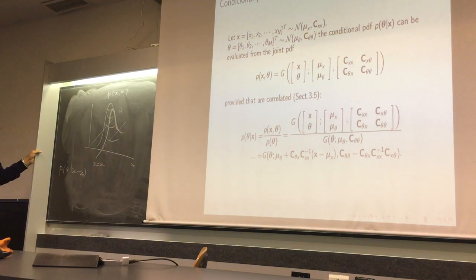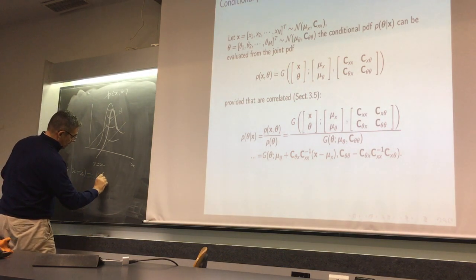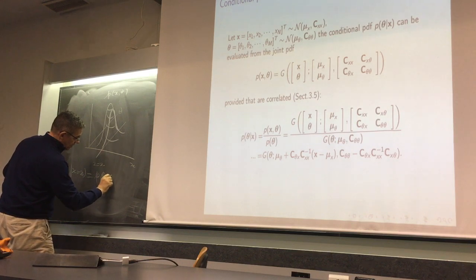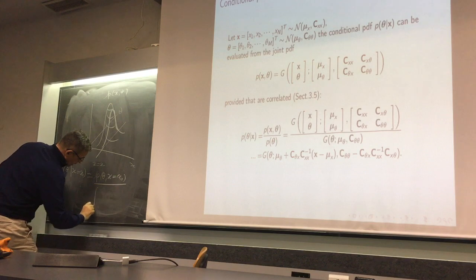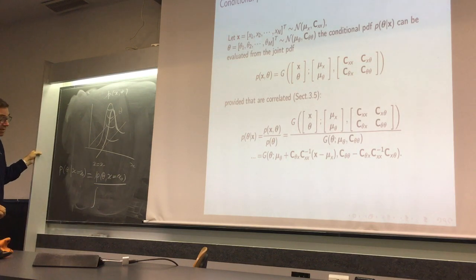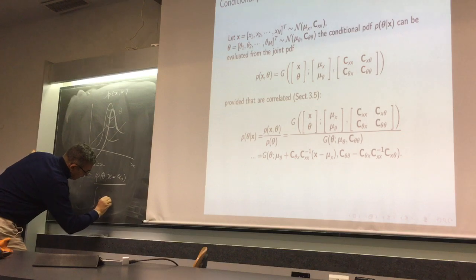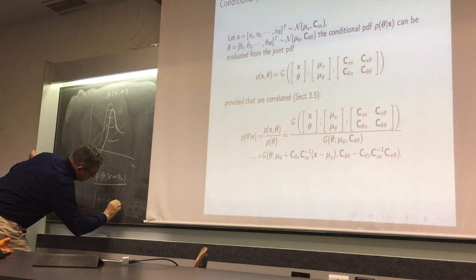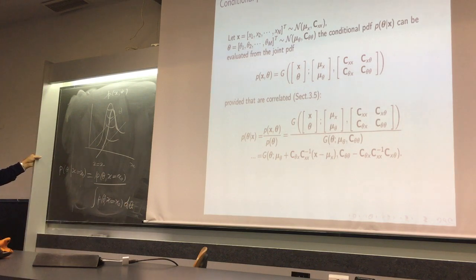So it is equal to P(theta, x equal x0), and then I normalized it, dividing by the integral of P(theta, x equal x0) d theta, because this is a normalization factor.